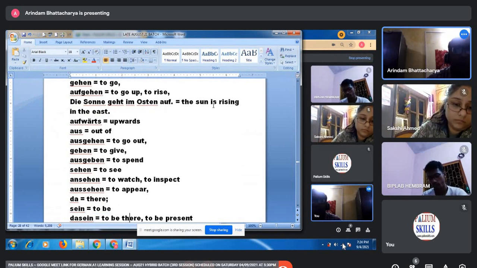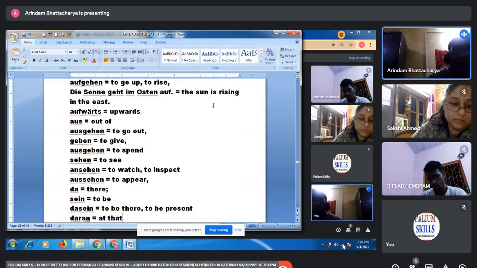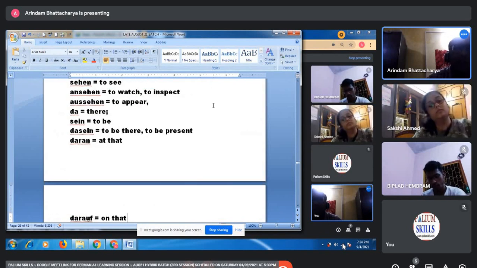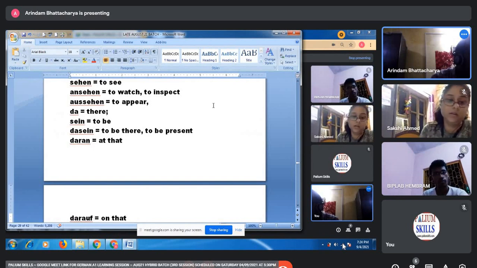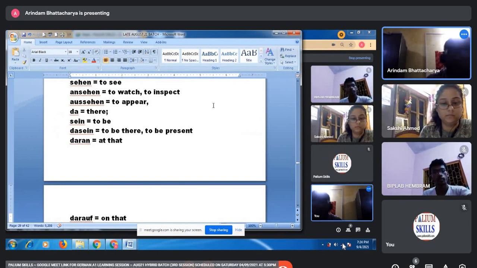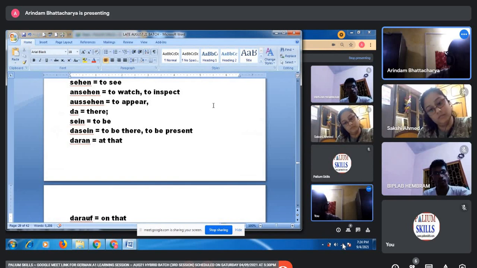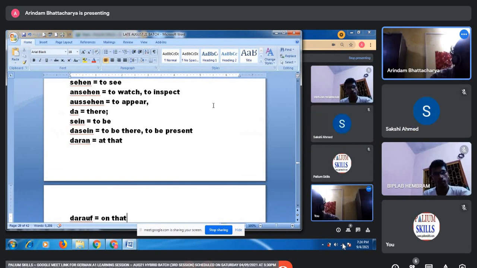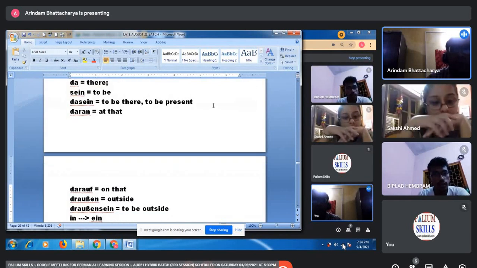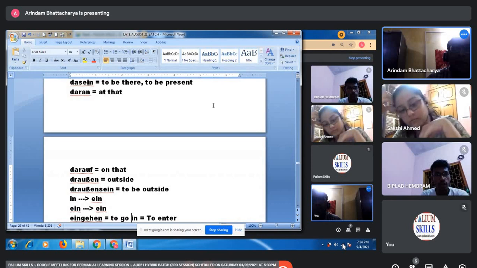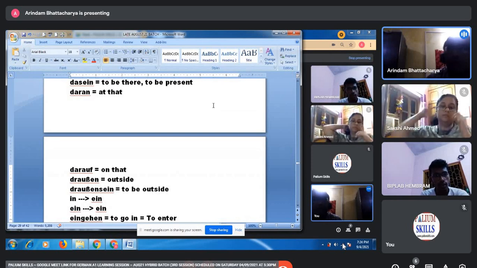Da is there. Sein, to be. Dasein, to be there, to be present. Daran is at that. Darauf is on that. Draußen is outside. So draußen sein, to be outside. From the preposition in comes the word ein.